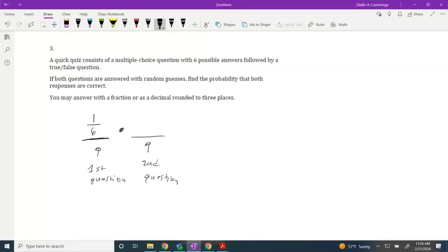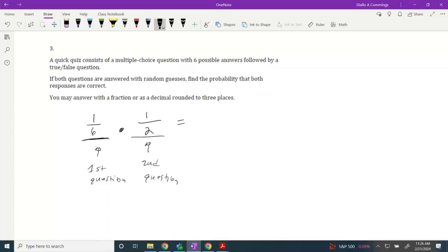Now we're going to figure out the probability for the second question. Again, I'm going to start with the denominator. How many choices do we have for a correct answer? 2, because it's true or false. And out of those 2 choices, how many are correct? Just 1.